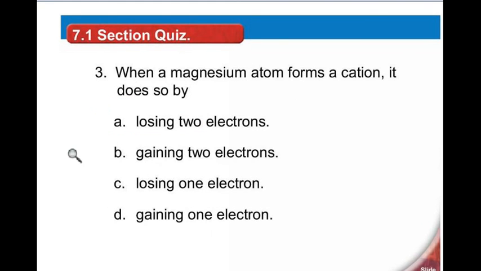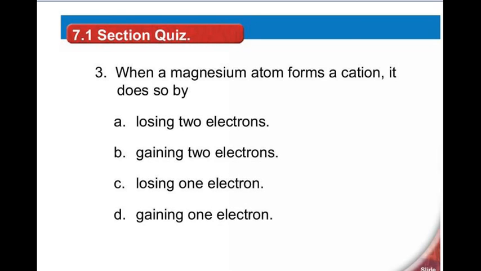And here's our next question. When a magnesium atom forms a cation, it does so by losing 2 electrons, gaining 2 electrons, losing 1 electron, gaining 1 electron. So pause the video, figure out the answer, and come back, and we'll give you the answer.